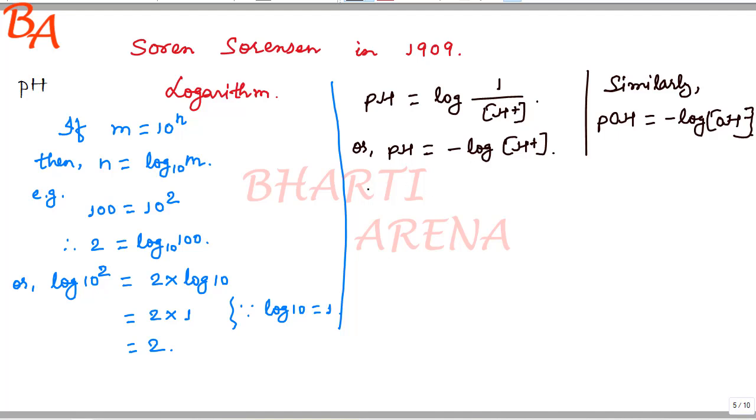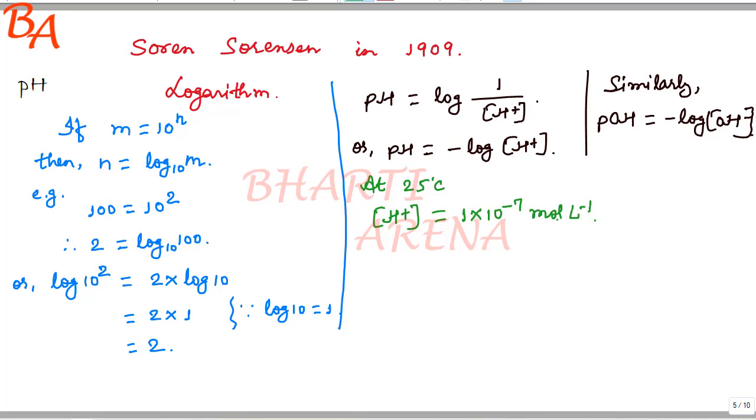In pure water at 25 degrees Celsius, concentration of hydrogen ion equals 1 into 10 to the power minus 7 mole per liter.